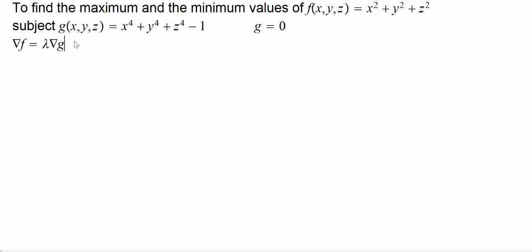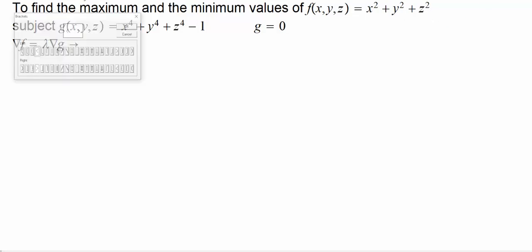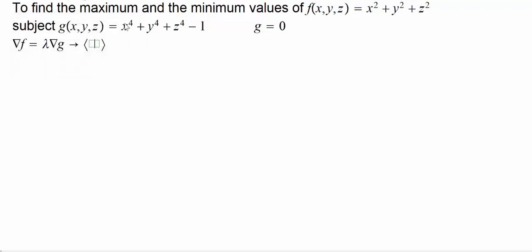That is, we shall create equations given by this condition, that gradient of f is lambda times gradient of g. Now f is x squared plus y squared plus z squared. So what would the gradient be? That will be 2x, 2y, 2z. All we do is take the partials with respect to x, y, and z respectively. Same thing we will do with g.